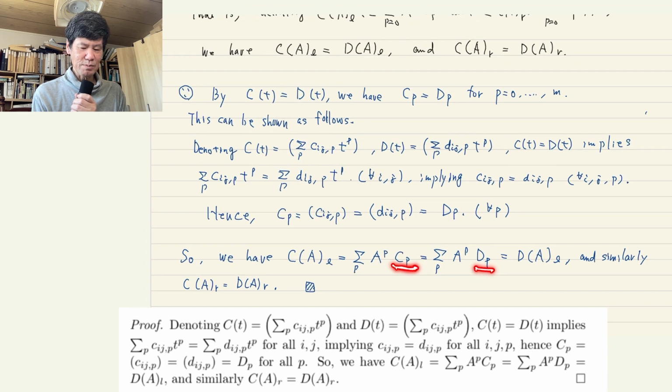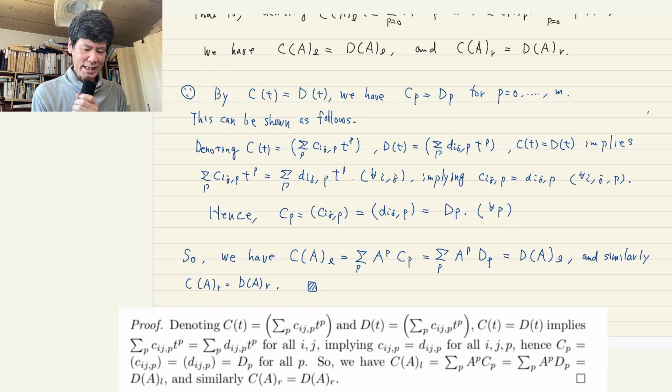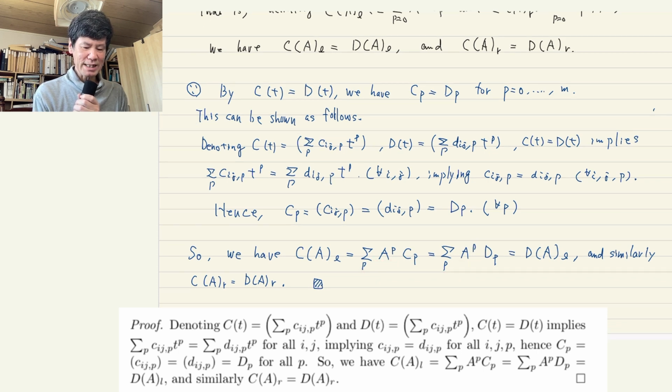Cp is equal to Dp means that multiplying A to the p from the left and summing up, we have that this is equal to this, which means that C(A)L is equal to D(A)L. L means that substituting A for t in D(t) from the left. And similarly for C(A)R is equal to D(A)R.